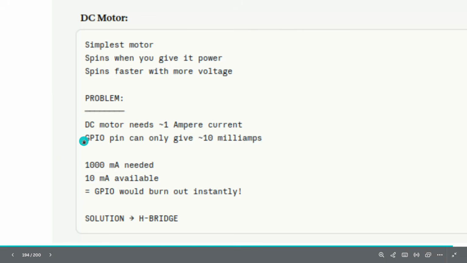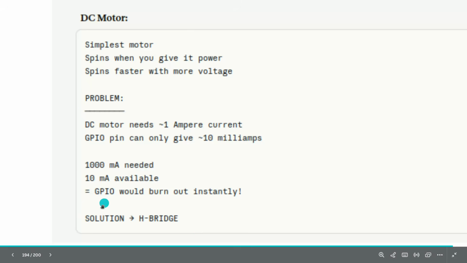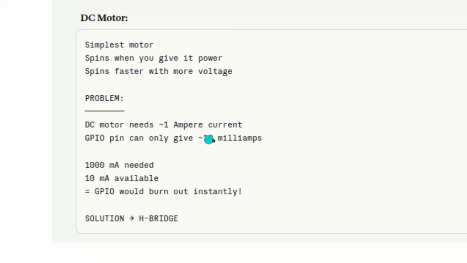The problem here is that a DC motor needs approximately 1 ampere of current, but GPIO pins can only give 10 milliamperes. So 1000 milliamperes are needed, and only 10 milliamperes are available. GPIO would burn out instantly.